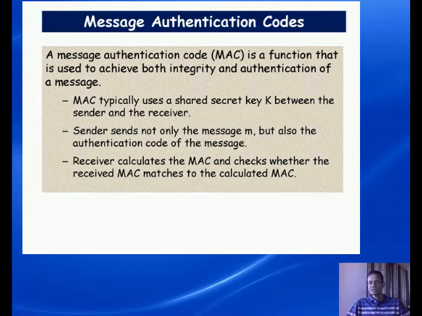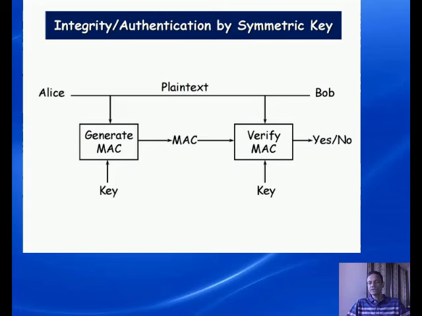After receiving the message and code, Bob will verify whether the message was modified in transit or not. Bob will again compute the message authentication code using the same algorithm and the same symmetric key. Then he will verify the received MAC against the computed MAC.